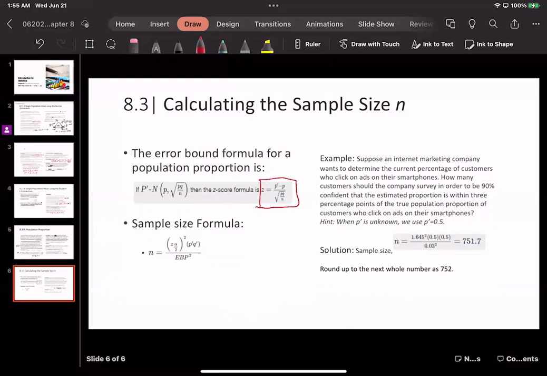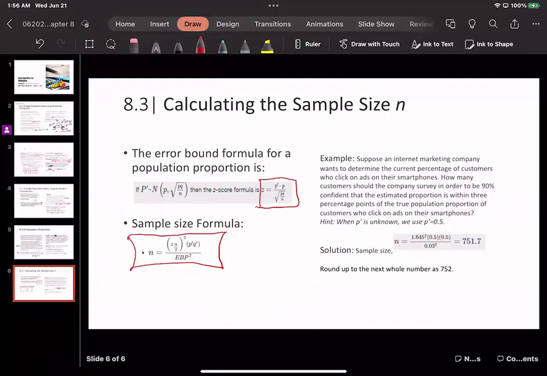We get this formula for sample size, which is easier to apply than the EBP formula.